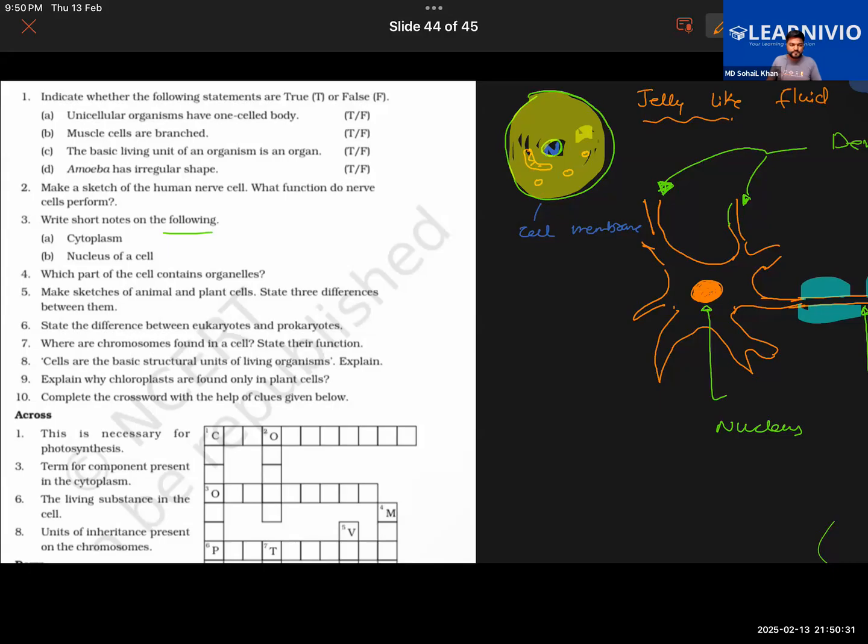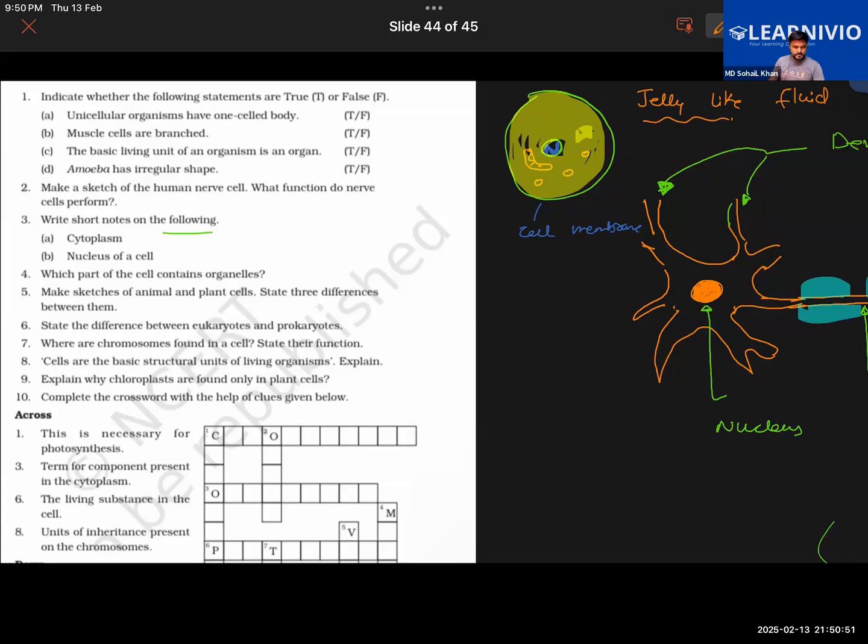Nucleus controls all activities of the cell, and it is present in both plant and animal cells. The nucleus consists of the nuclear membrane, nuclear pore, nucleolus, and chromosomes.